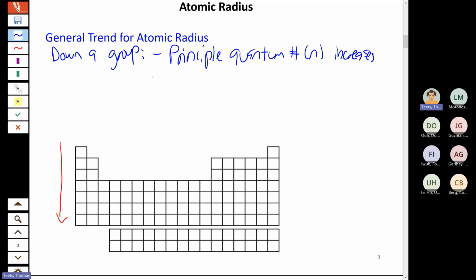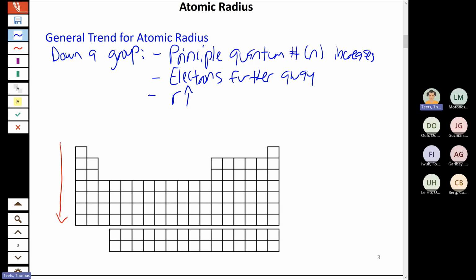And as we said, when the principal quantum number of an orbital increases, that tends to lead to electrons being further away from the nucleus on average. So the principal quantum number is related to the size of the orbital, how far away the electrons typically are from the nucleus. As we go down, the electrons get further away from the nucleus, so the electron cloud is occupying more space, and the radius increases as you go down the column of the periodic table.